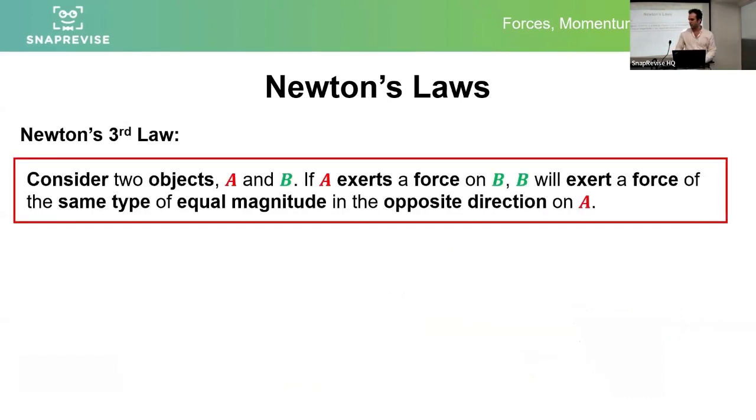Fab. So you've got Newton's first and second laws both applying in the case of a satellite. The third law is a slightly more technical statement. Consider 2 objects, fictitious objects, A and B. If A exerts a force on B, then B exerts an equal and opposite force on A.